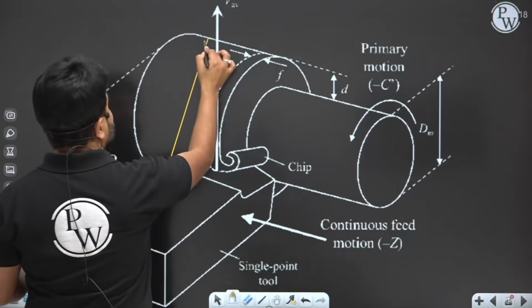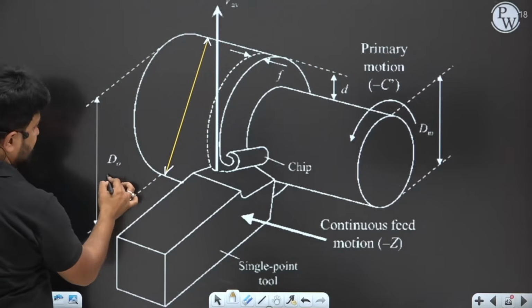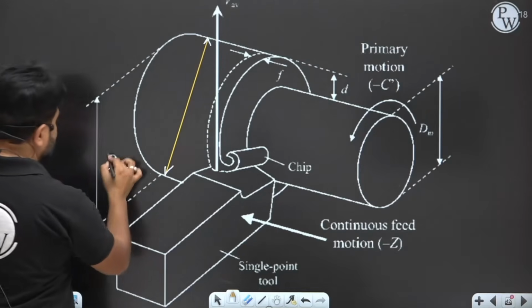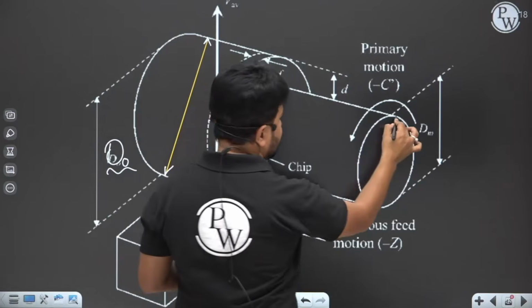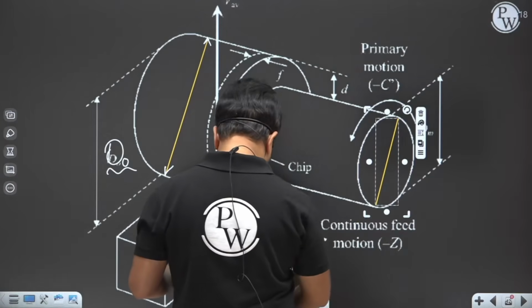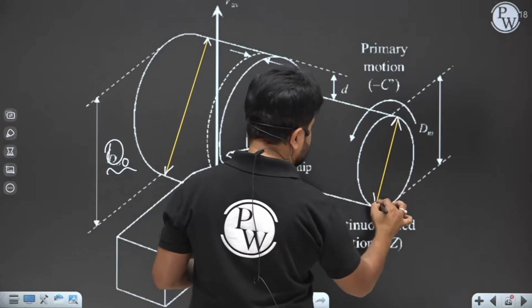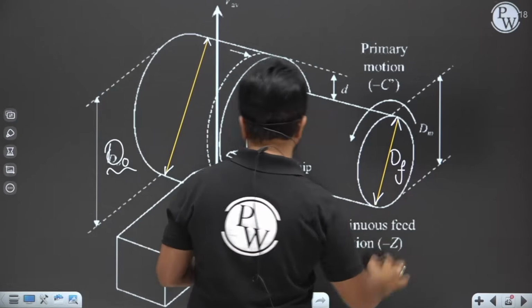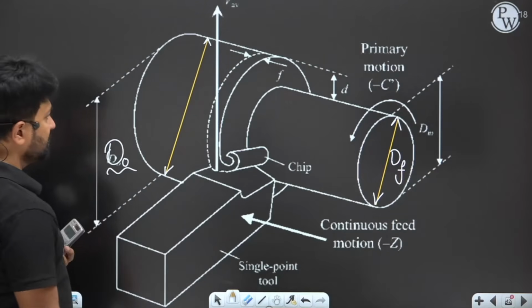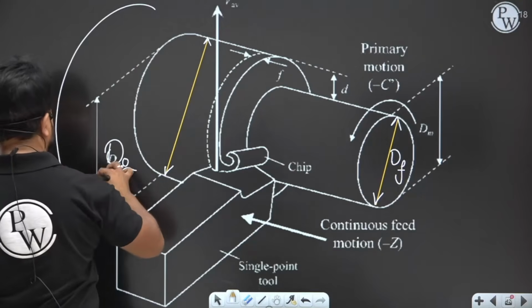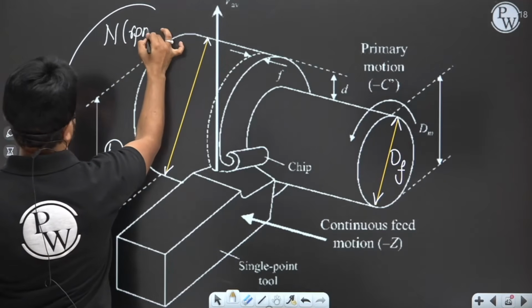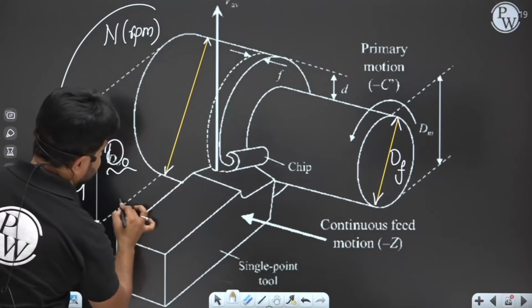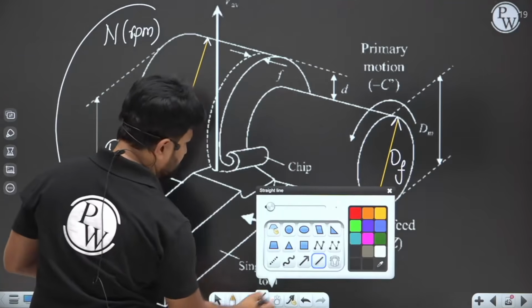This is the initial diameter, let's say D0, and this is the diameter which is produced after machining, let's say D final. Now, this is a tool, and the workpiece is rotating with RPM n, revolutions per minute, and the feed is given to the tool.